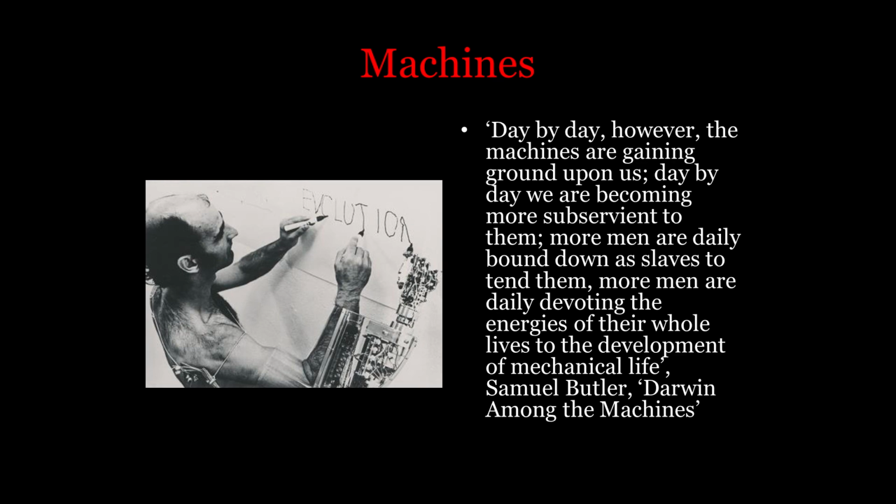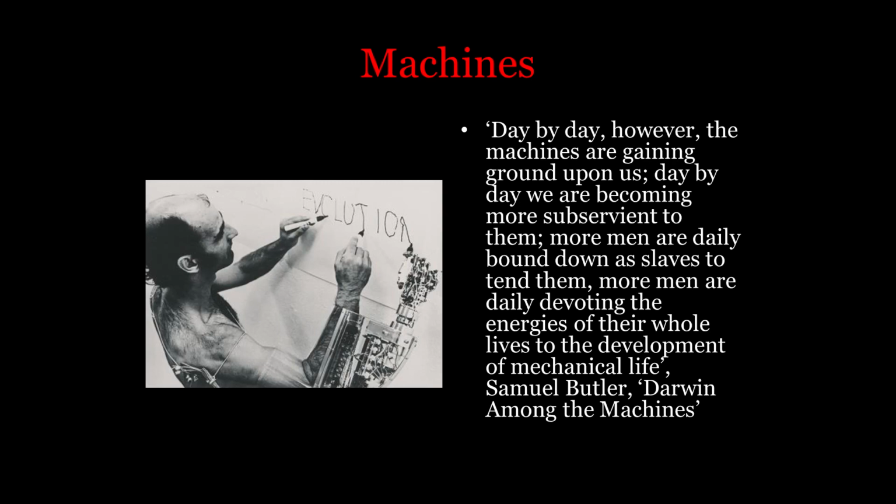The image here is of Stelarc, an Australian installation artist who's always building these like third arms and stuff like that. He's interested in biotechnology, about extending the limits of the human body through the use of machines to accomplish additional tasks. So he's writing evolution with his prosthetic third arm on the wall here. So the point is that the machine is the next stage in human evolution.